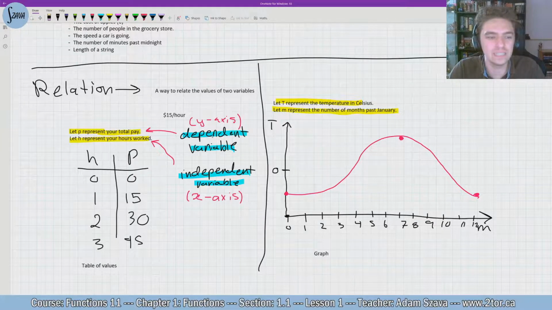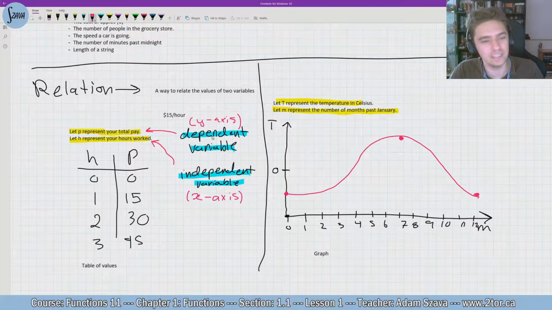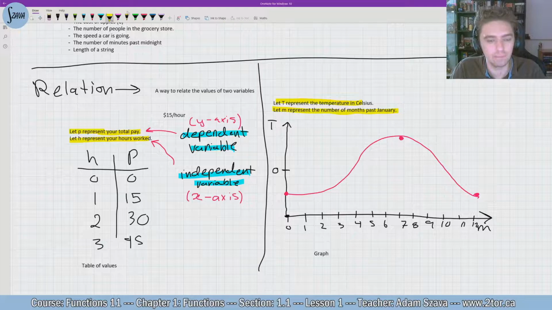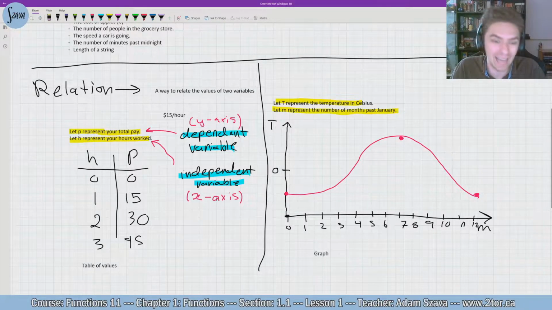The reason this depends on this is because that's how our society has made pay work. You work a certain number of hours and you get paid a certain amount. Math doesn't really care about that in particular. Math just cares that we have an independent one and a dependent one. So a lot of the time in math, we just say x and y. When I say x, I mean an independent variable, and when I say y, I mean a dependent variable.